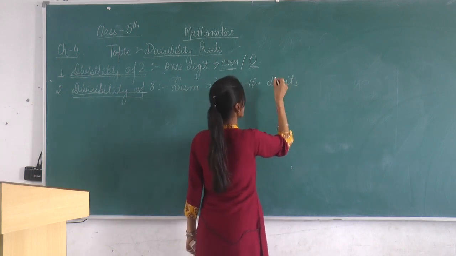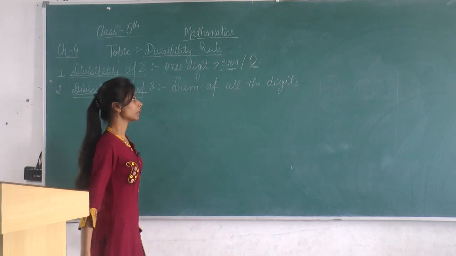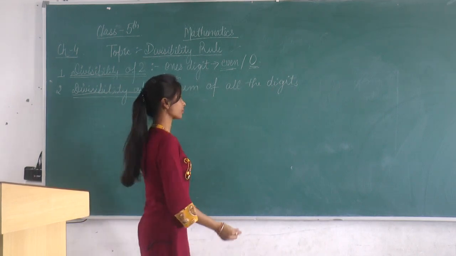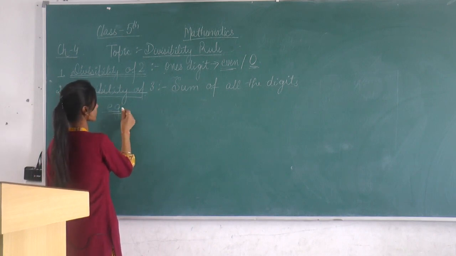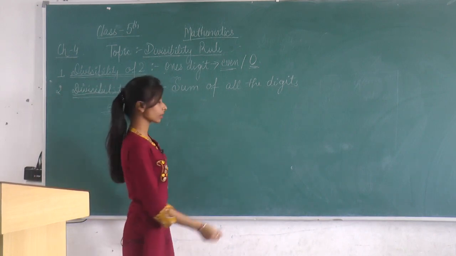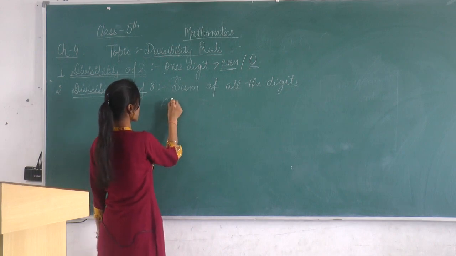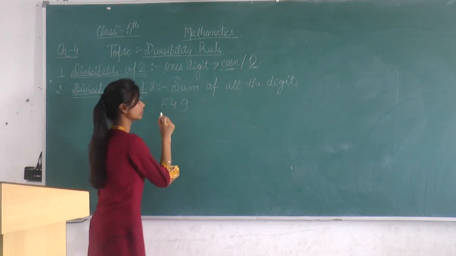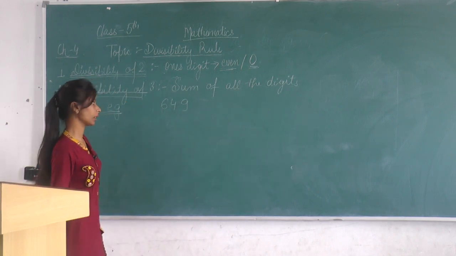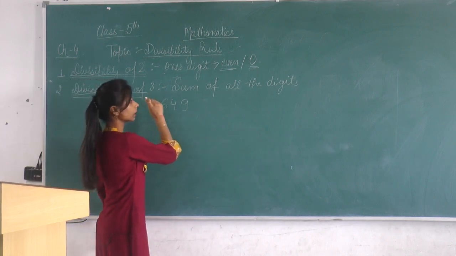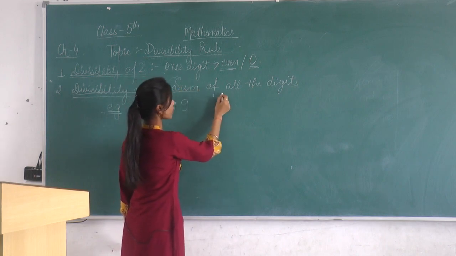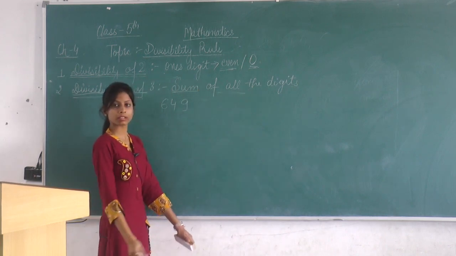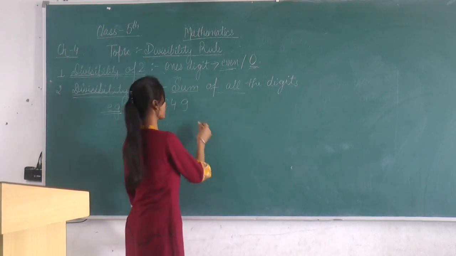You have to sum up all the digits given in the number. Let's take an example. Suppose I am taking the number 649. According to the rule of divisibility of 3, you have to sum up all the digits. Sum up means add up all the digits given in the number.